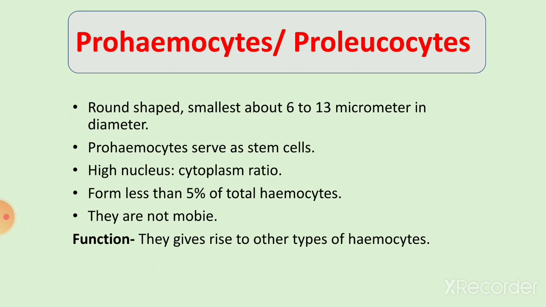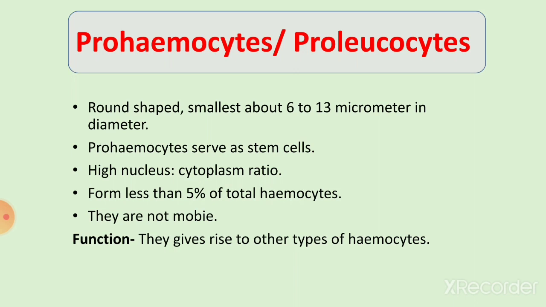These are round-shaped and the smallest hemocytes, about 6 to 13 micrometer in diameter. They give rise to plasmatocytes, and plasmatocytes in turn give rise to the granulocytes, which in turn give rise to spherule cells. Thus, prohemocytes serve as stem cells.